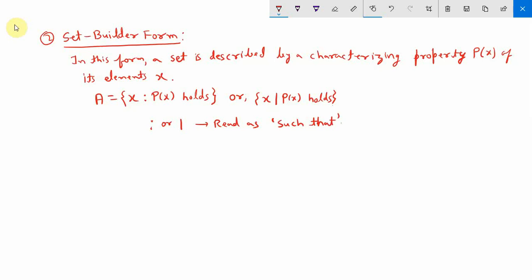So we read this as the set of all x such that p(x) holds, whatever be its property.